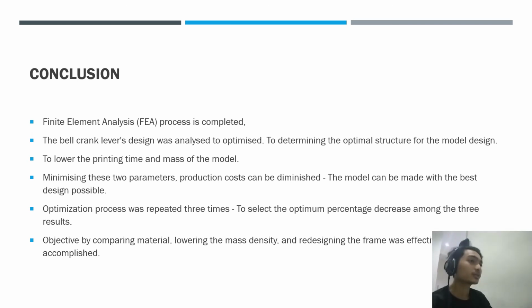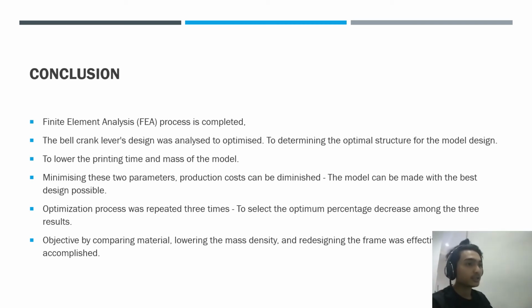The FEA process is completed. The bell crank lever's design was analyzed using topology optimization to determine the optimal structure for the model design. Optimization is required to lower the mass of the model and the printing time.